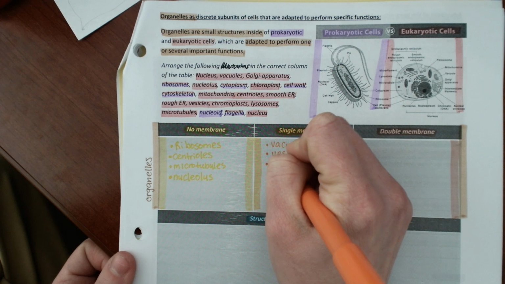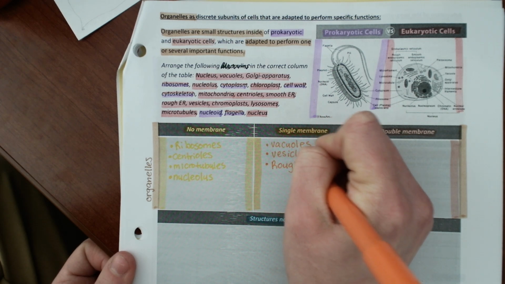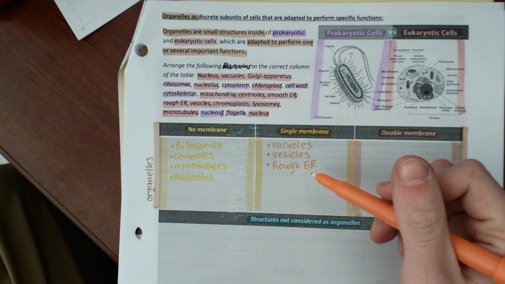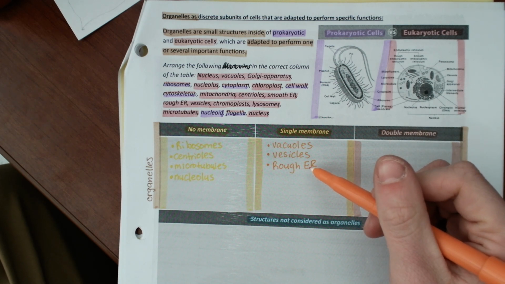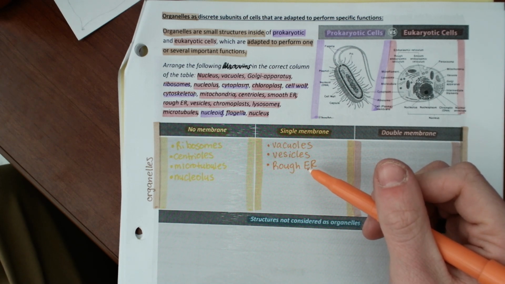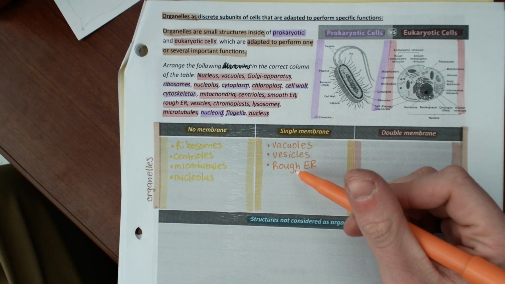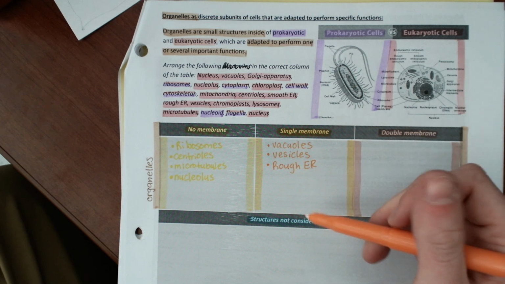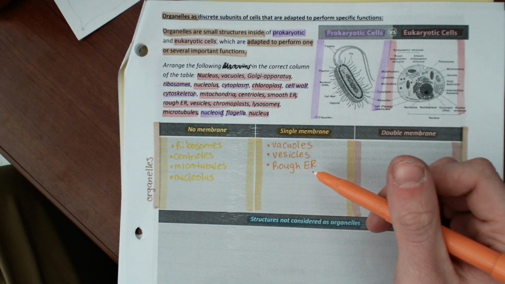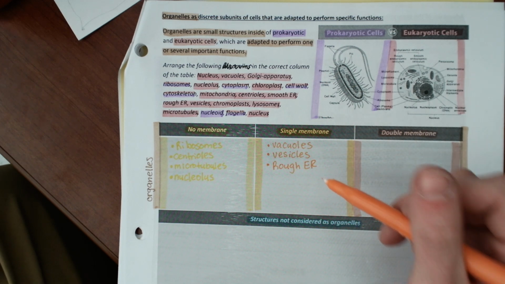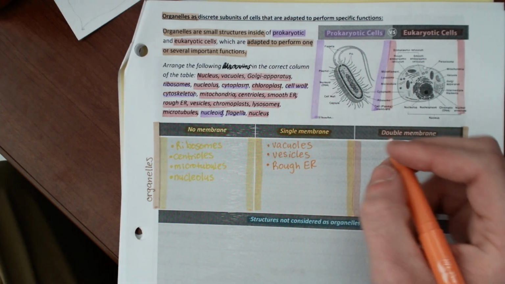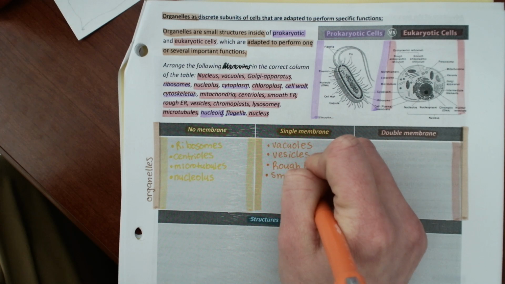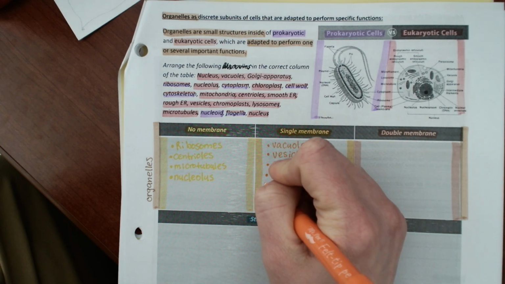Your rough ER, which is kind of a weird one because technically it's an extension of your double nuclear envelope membrane, but because the rough ER is technically just the cisternae, they individually each have a single membrane, even though they're technically part of a gigantic chaotic double membrane. They're kind of a wacky one. Your smooth ER, your Golgi.